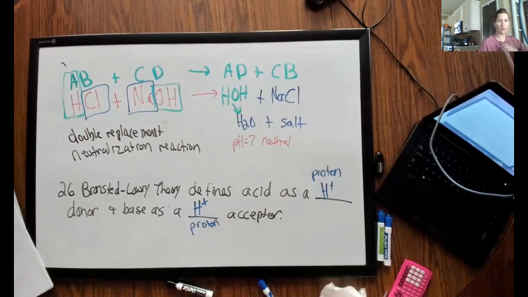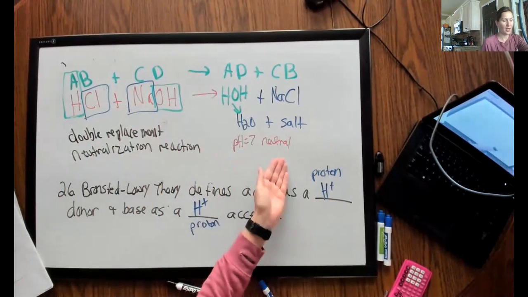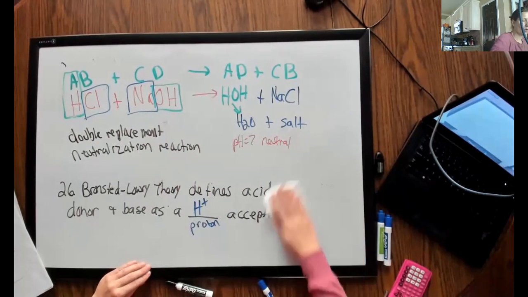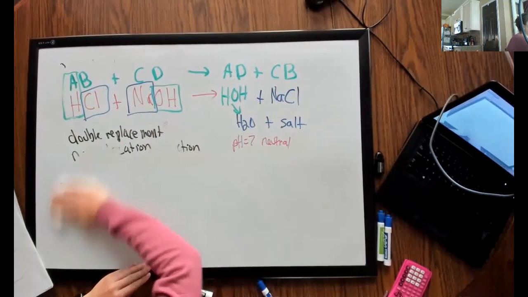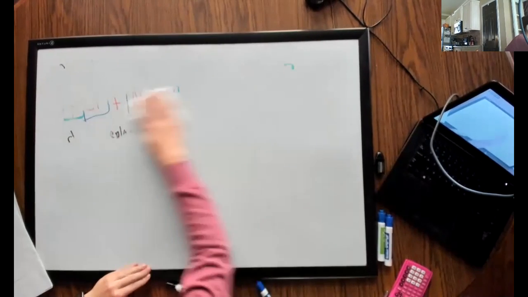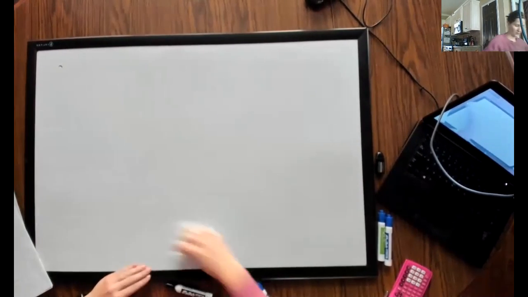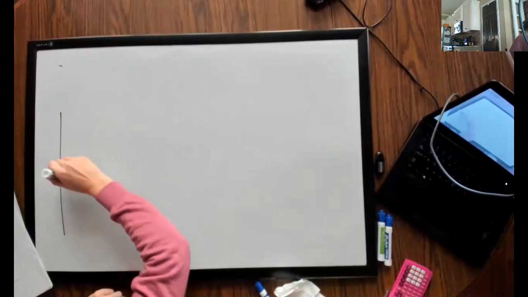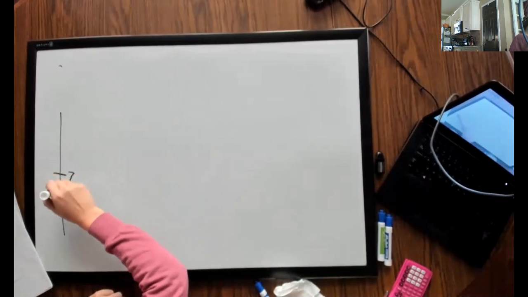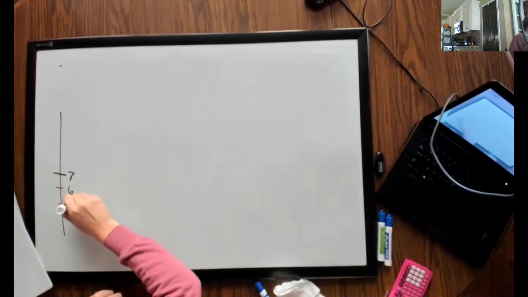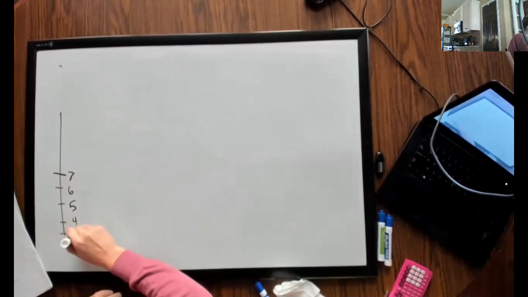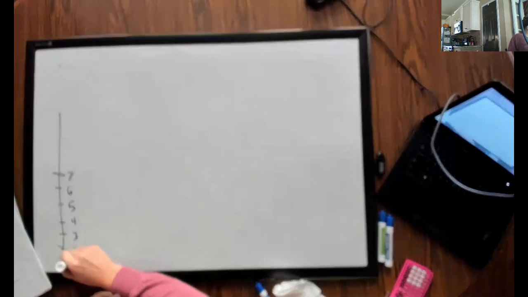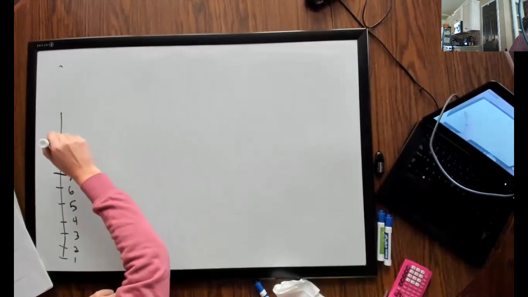So talking about pH, let's now move into pH. Neutralization reaction, we said we're trying to get neutral, and I just said a pH of 7 is neutral. Well, let's look at where acidic and basic pH levels are. I'm going to do a pH scale off to the side here. For the pH scale, we have 7 in the middle, 8, and I think it goes up to 14.